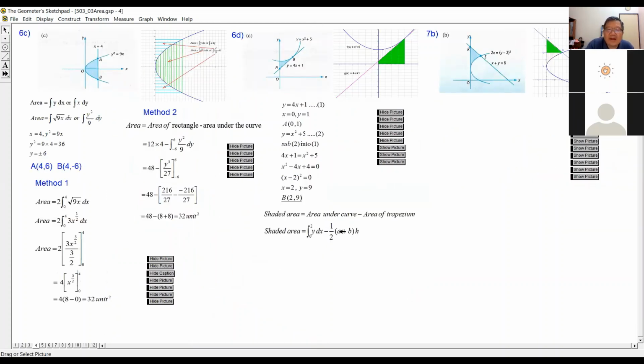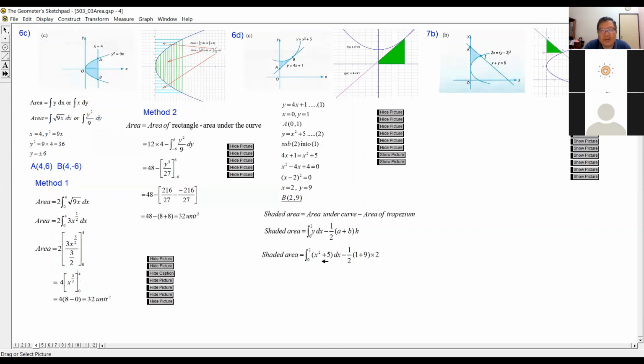Then we want to subtract the area of the green trapezium. Area of trapezium is half (a plus b) times h. So what is the y? From the above, y is x squared plus 5.